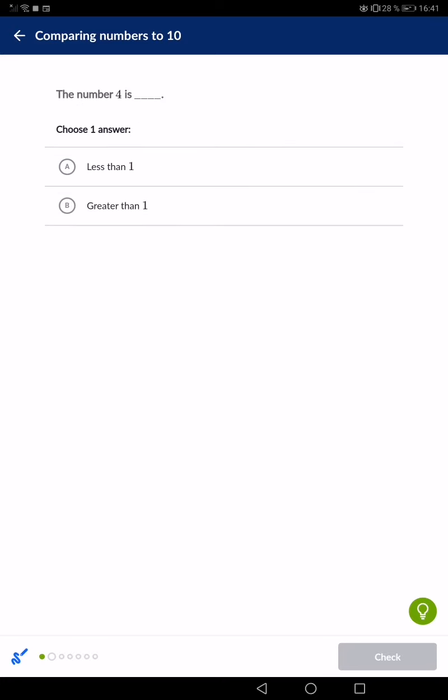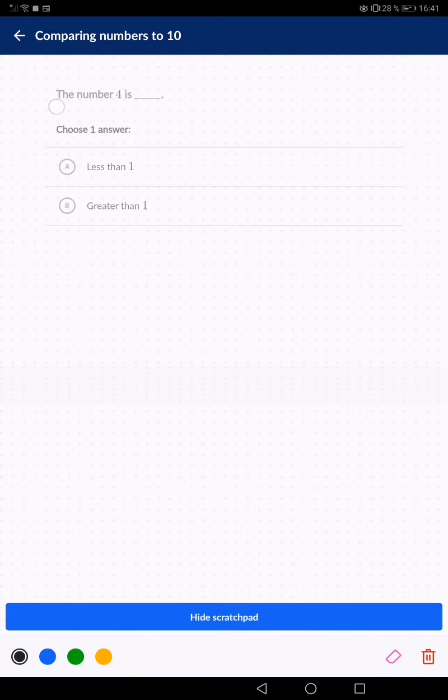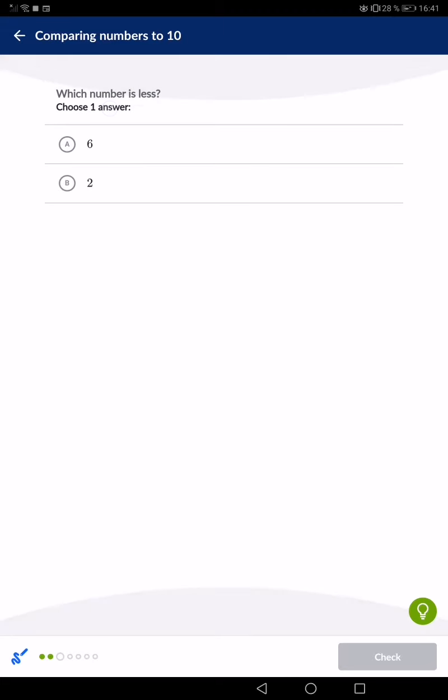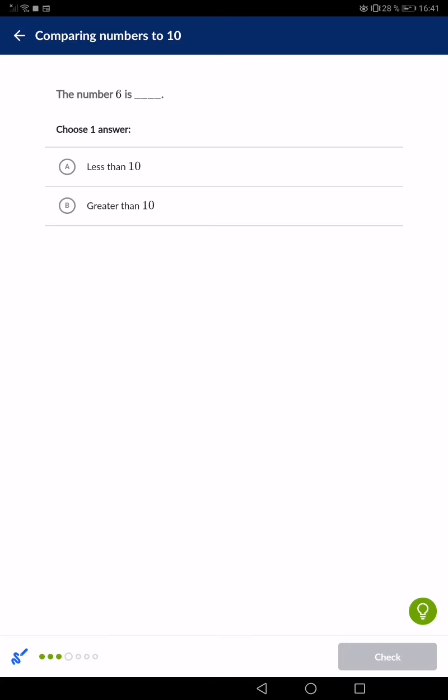I don't know, this is a bit sad. The number 4 is greater than 1. Which number is less? 2 is less than 6, but I feel like this is destroying my brain. The number 6 is less than 10.